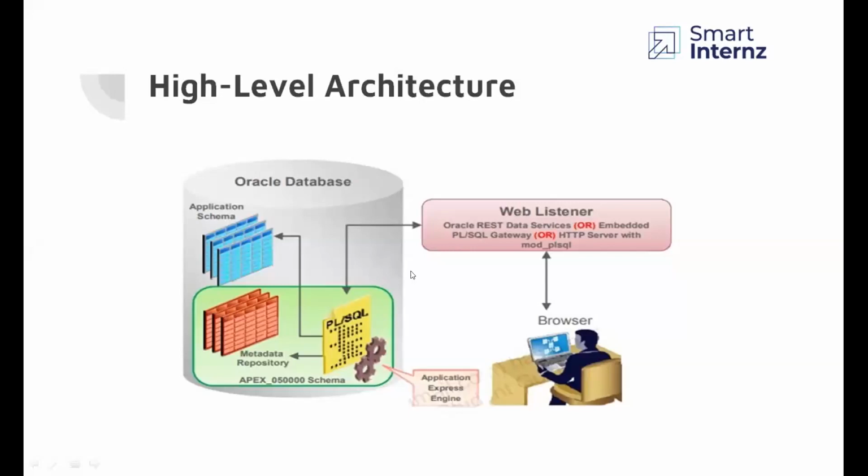As I told you, it is a communicator between the Apex engine and the user. The Apex engine will give the output to the web listener, and from the web listener it will be displayed to the user in the form of HTML output. Okay, I hope you all understood the high level architecture, how the Apex architecture and engine work.